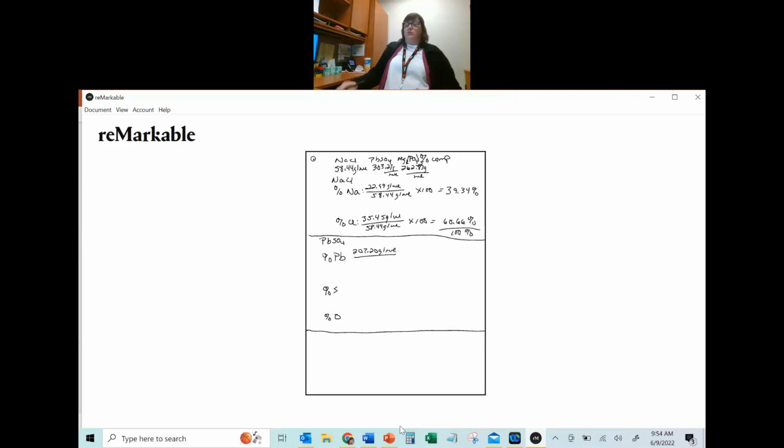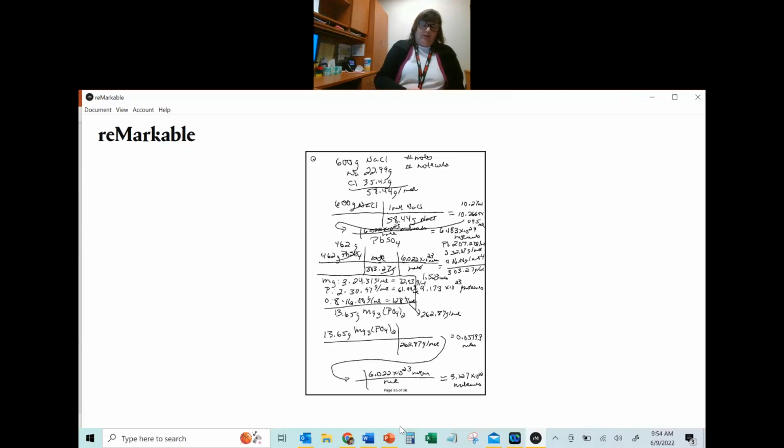That's all that is. Now remember, I looked up all of those values back here. So 22.99, 35.45, 207.20, sulfur was 32.07. I have those written down somewhere, so I don't have to look at my periodic table again. I can just reference those values.